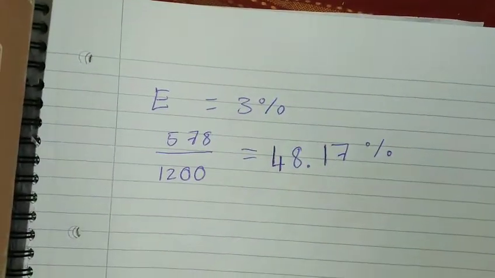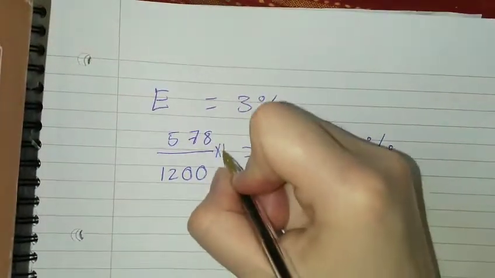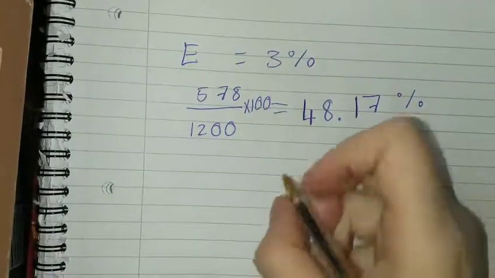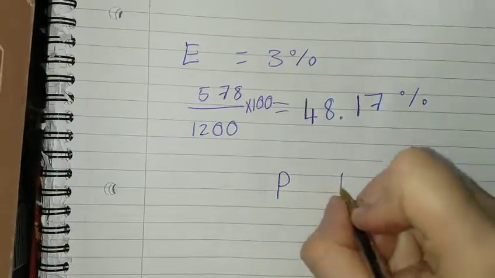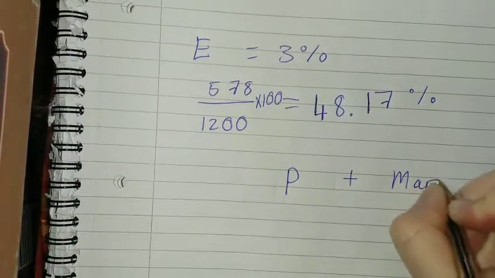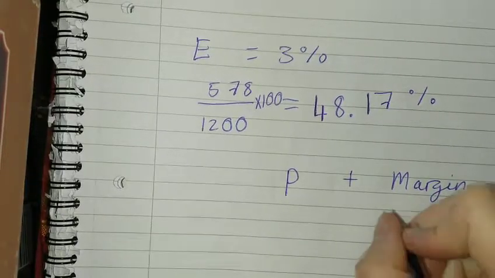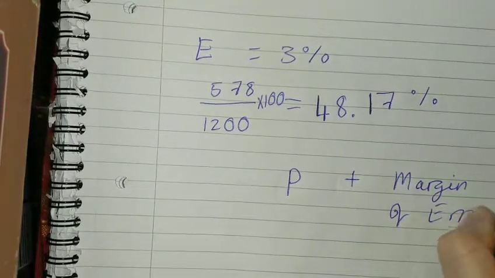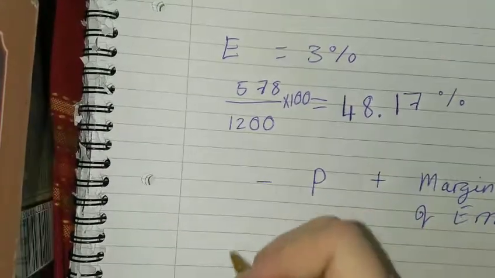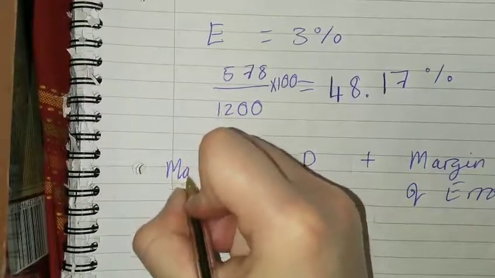If we want this as a percentage, it'd be 48.17% when multiplied by 100. The confidence interval is the proportion plus the margin of error on one side and minus the margin of error on the other, so it gives us a wider range.